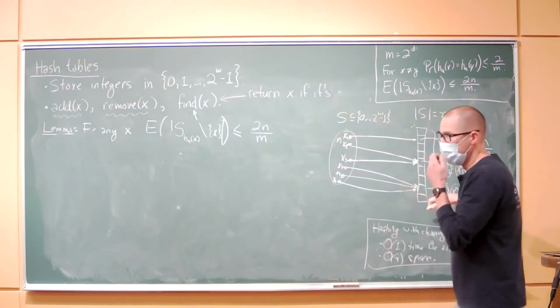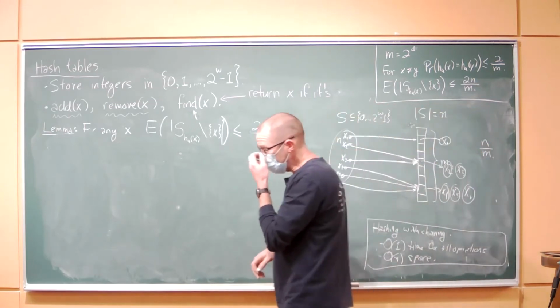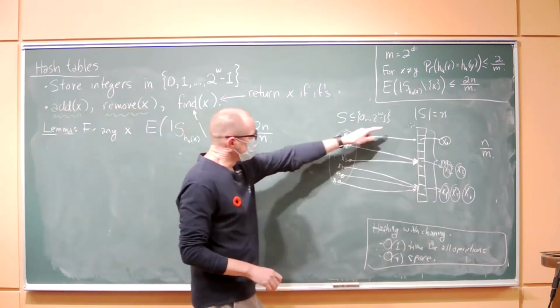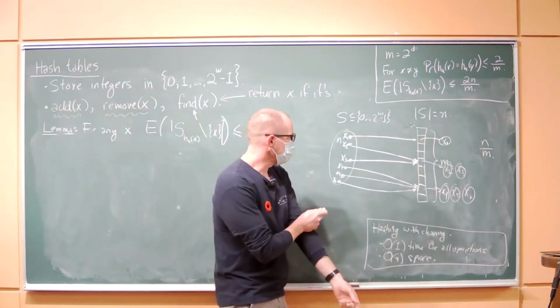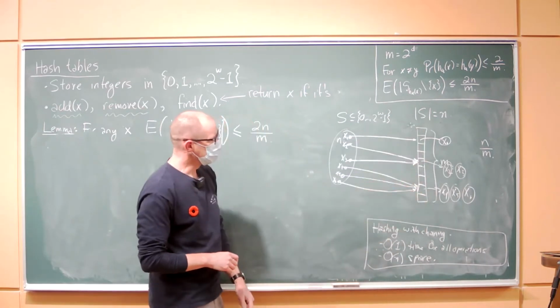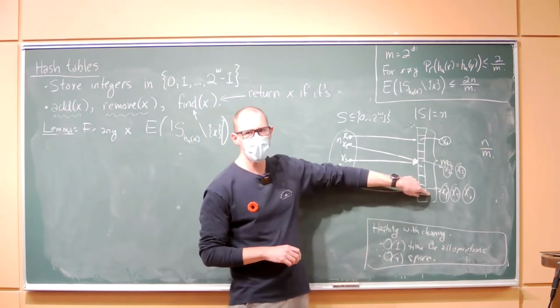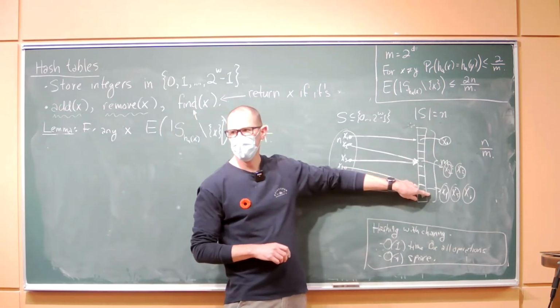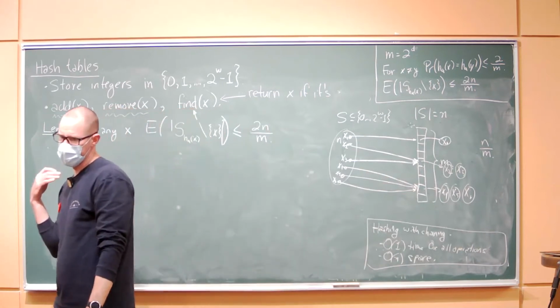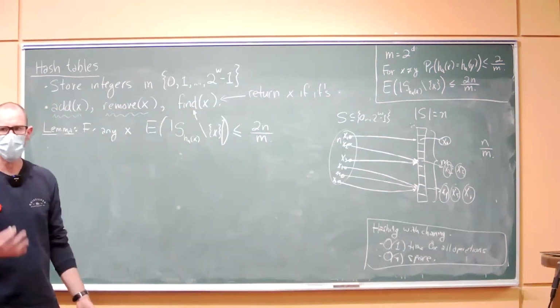This structure does not have that property. In fact, with high probability, there will be a list in here whose length is at least log n over log log n. So there will be searches that are nearly as slow as they would be in a binary search tree.